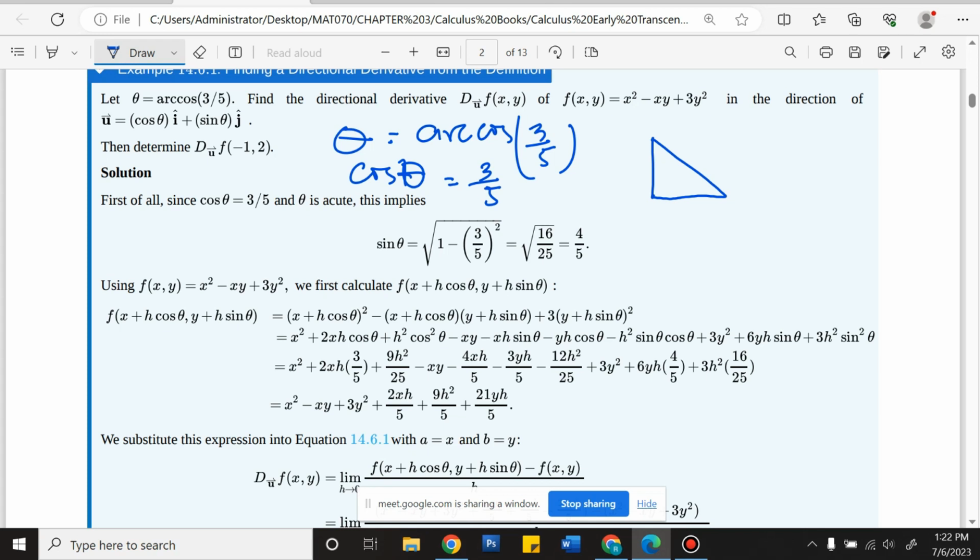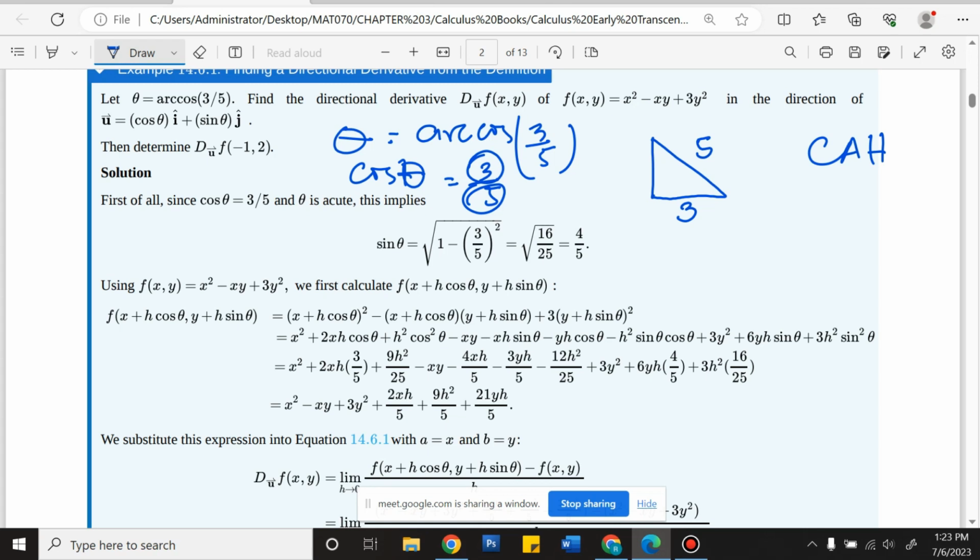Now, 3 over 5, cosine, class, is adjacent over hypotenuse. So 3 is our adjacent, 5 is our hypotenuse. Now, let's try to find the opposite value.